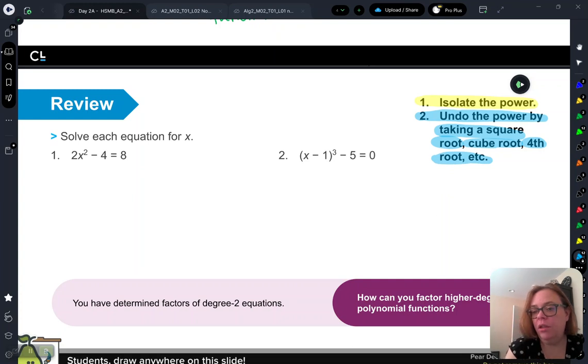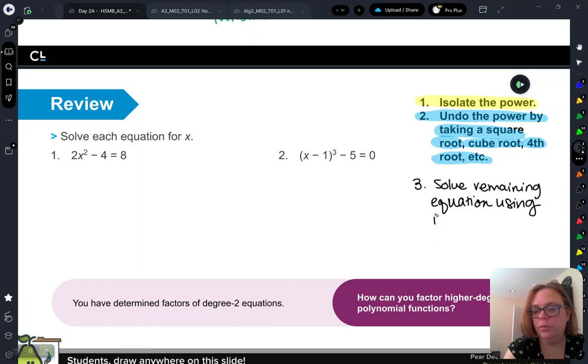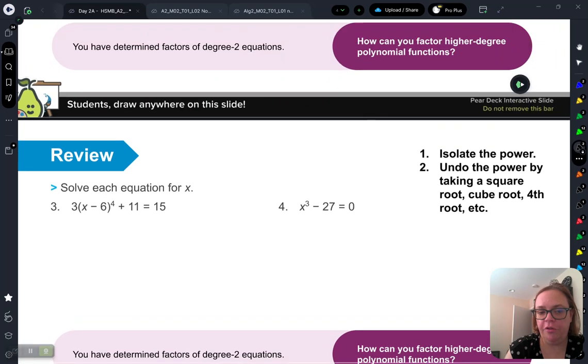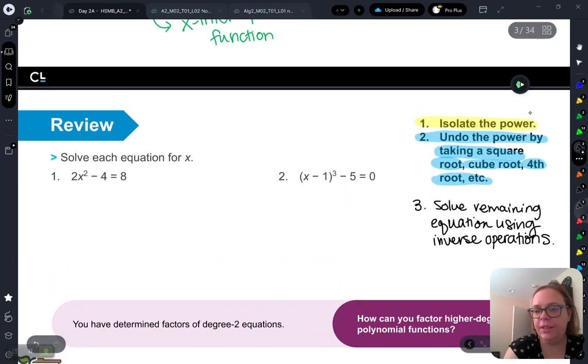And there's actually a third step, and that is just solve the remaining equation using inverse operations. Okay, so let's pause the video and have you guys try number 1, number 2, number 3, and number 4 using these steps.